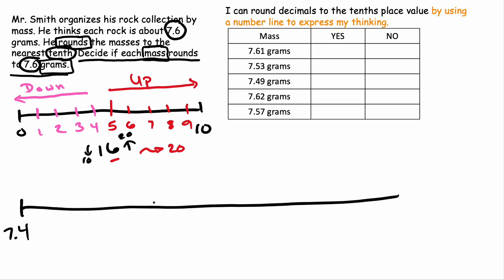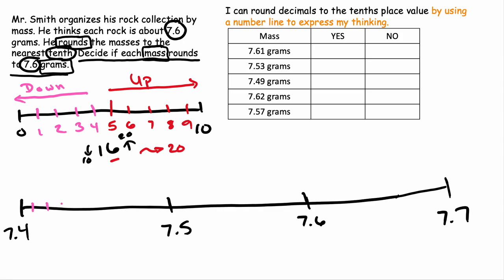It's not equal groups, so let's do that again. We'll have 7 5/10. That's about 7 6/10. And we'll go a little further to show 7 7/10. We're going to use these same colors to show our values that we're rounding.